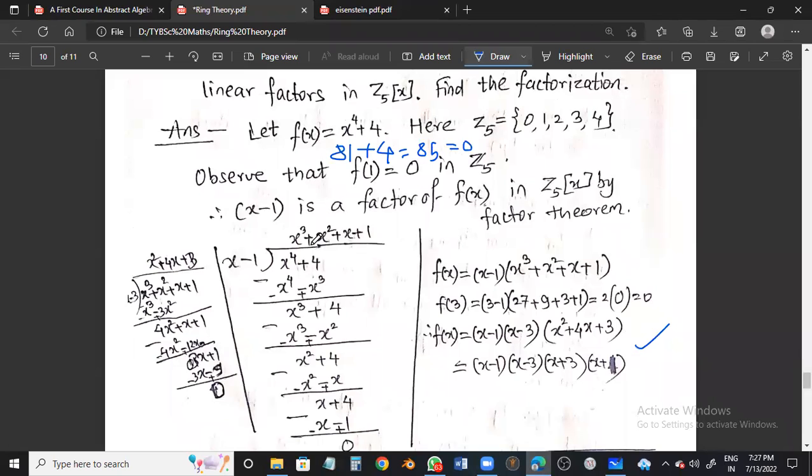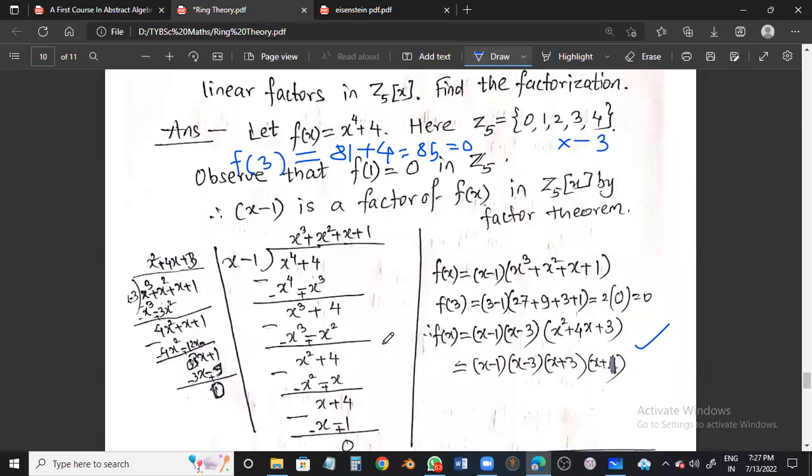If you put the value of x in f, you should get like this. f of 1 is 0. Here I have shown f of 3 is 0. This was f of 3. We have shown that it comes out to be 0. So the same way you can show that if f of 3 is 0, it means x minus 3 is a factor.